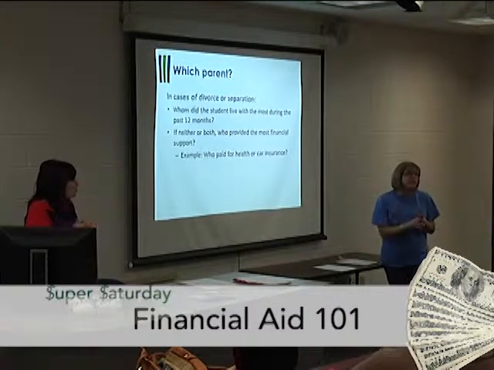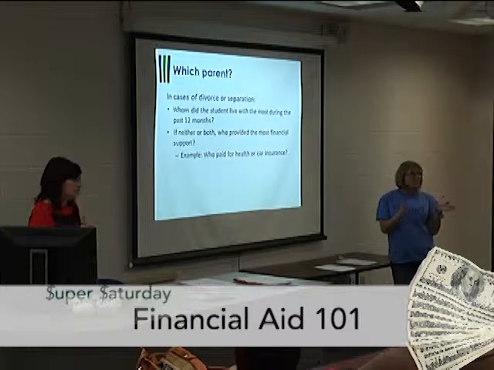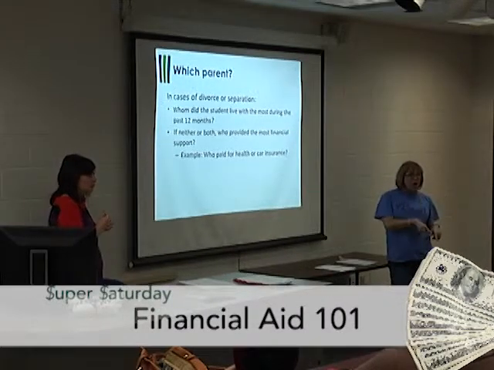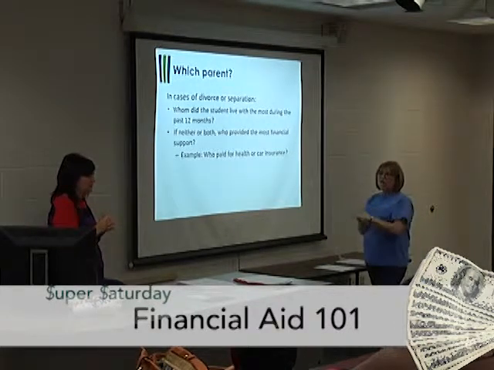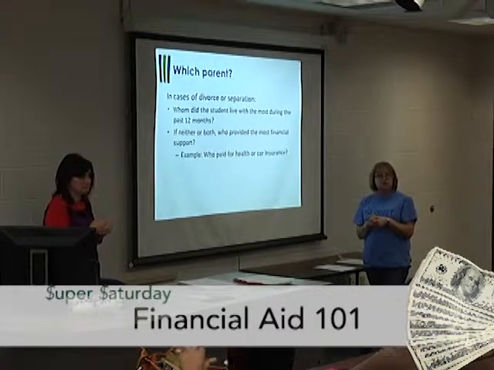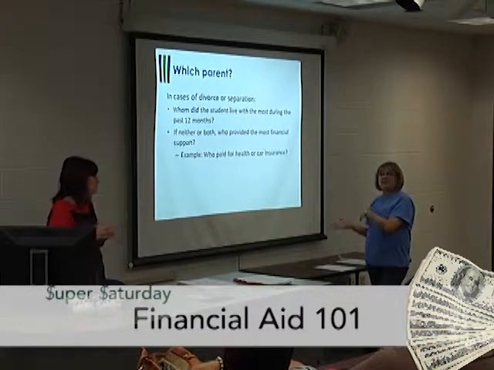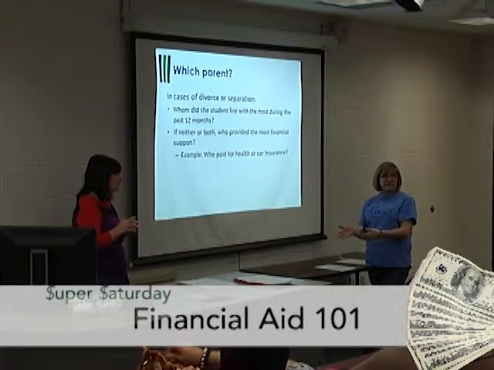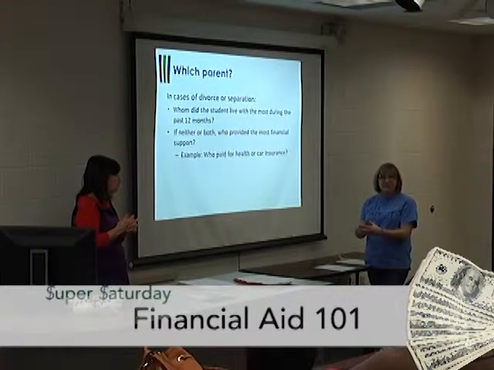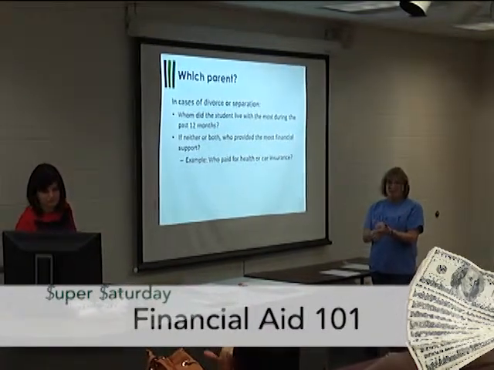If your parents are divorced, then the thing that you have to remember is you report on one parent. Whoever you lived with the most during the past 12 months is whose income you report on. Even if they are remarried, their tax information, their spouse, that goes towards your FAFSA.